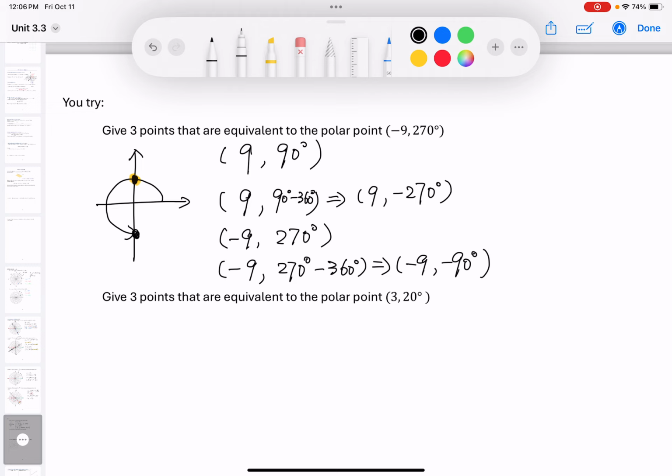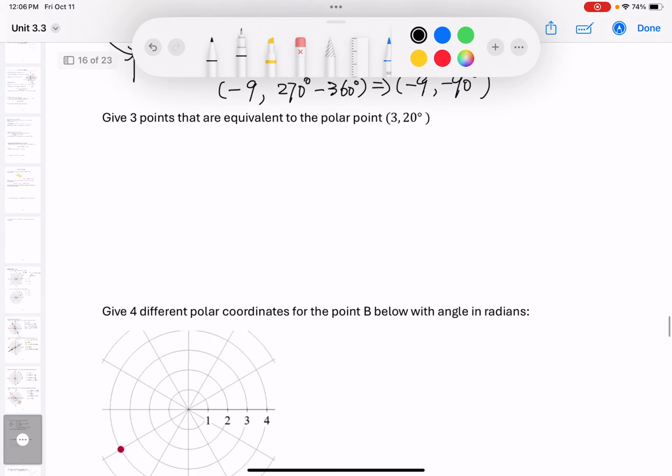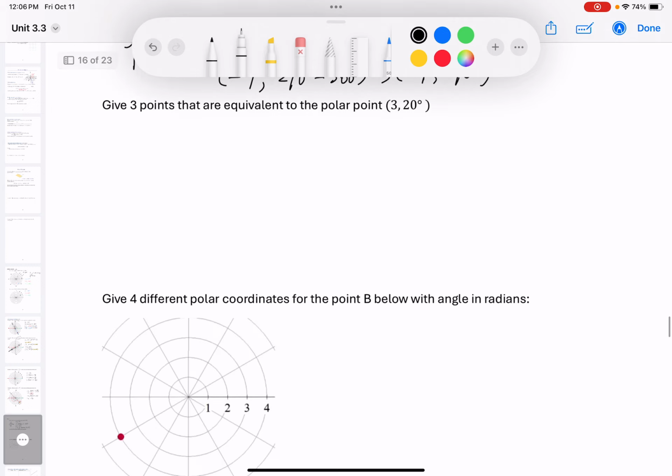Okay, we found another 3 points. So here it gives 3 points and asks you to find 3 points that are equivalent to the polar point. Let's find where the point 3, 20 degrees is. So 20 degrees here. So 3, 20 degrees is the point here.